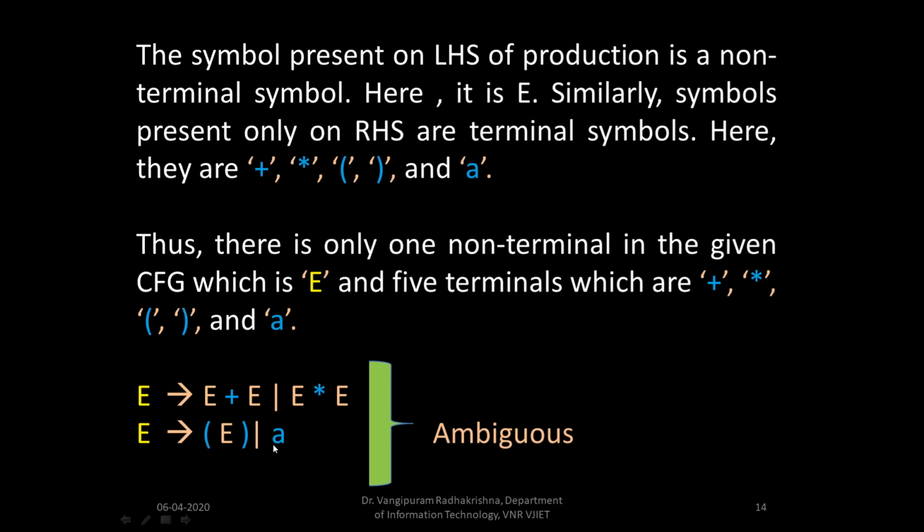Though production number 3 and production number 4 do not have the left-hand side symbol appearing twice on the RHS part of the grammar production, still, because the first 2 productions have their LHS symbol appearing twice on the RHS part of the production, we have to conclude the grammar to be ambiguous.